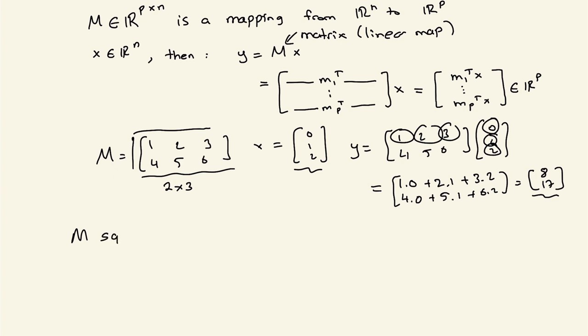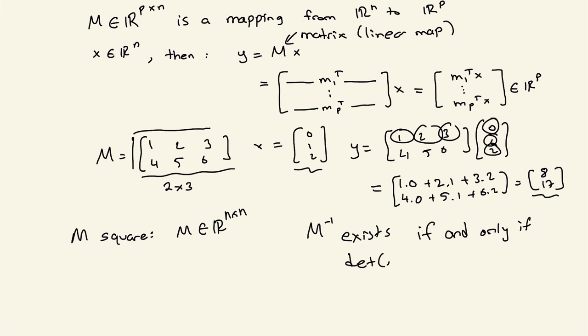All right, for the special case when M is square, M square means it is n by n. We say that this square matrix M is invertible, or M inverse exists, if and only if the determinant of M is not equal to 0.